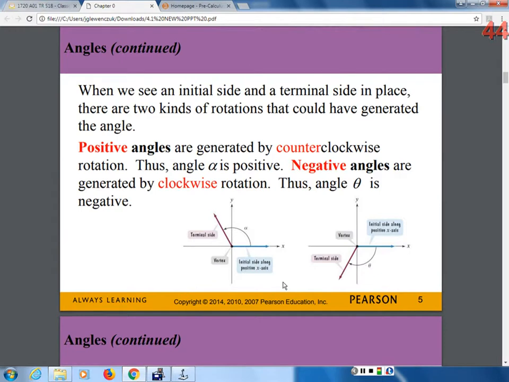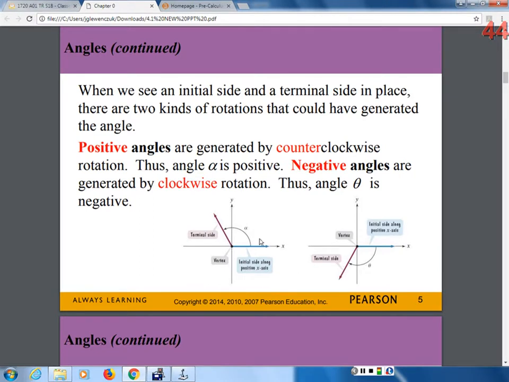Negative angles are generated by counterclockwise rotation. This is a negative angle here. Positive angles are, wait a minute. I got it backwards, didn't I? Okay, positive angles, sorry.